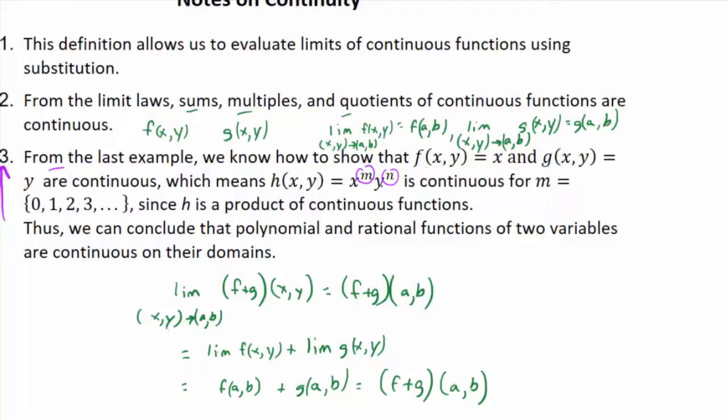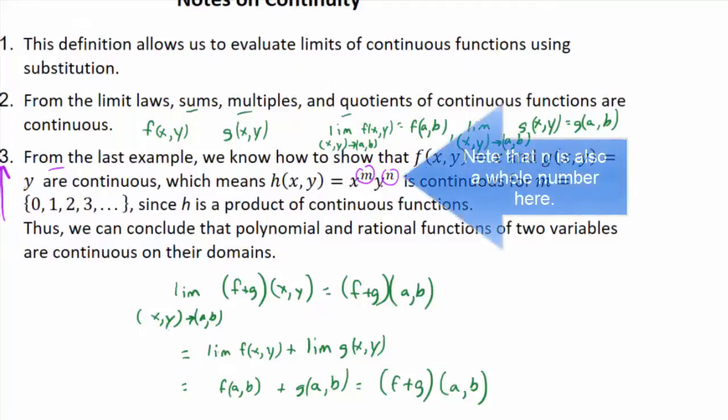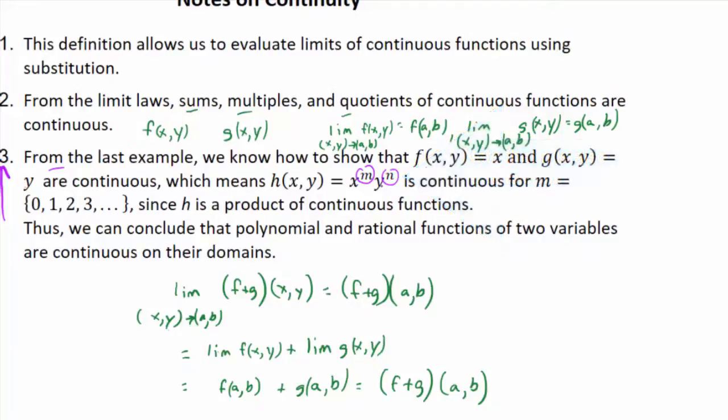Assuming m is a whole number, since m could be 0, x to the m has to be continuous. y to the n has to be continuous because it's a product of continuous functions. So x to the m times y to the n is a continuous function.